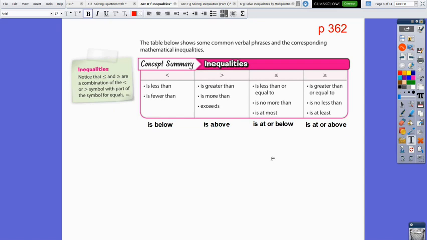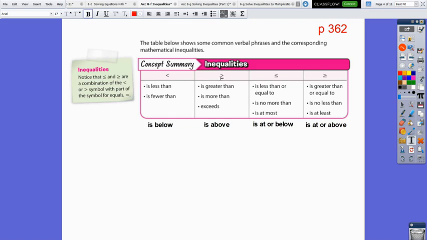It depends on the words. Less than or fewer than or is below means it does not include that limit number, and that's just a less than sign. Greater than, more than, exceeds, is above. Those all do not include that boundary number.